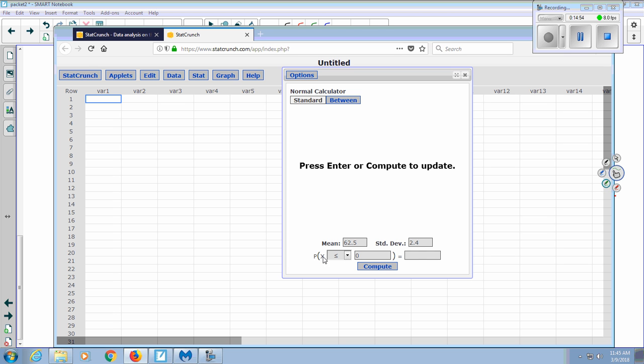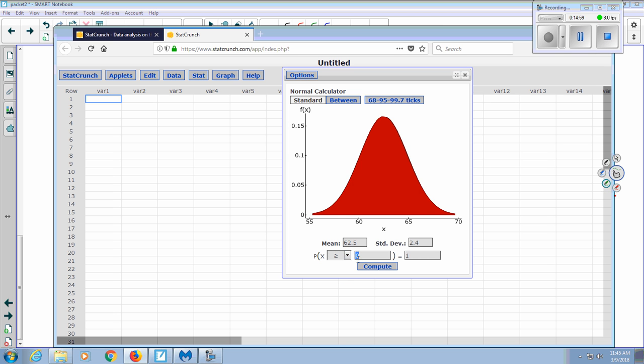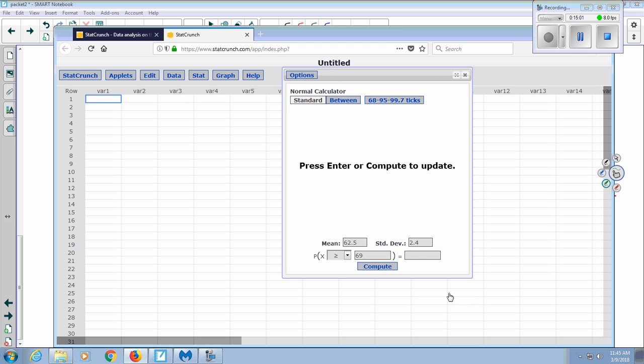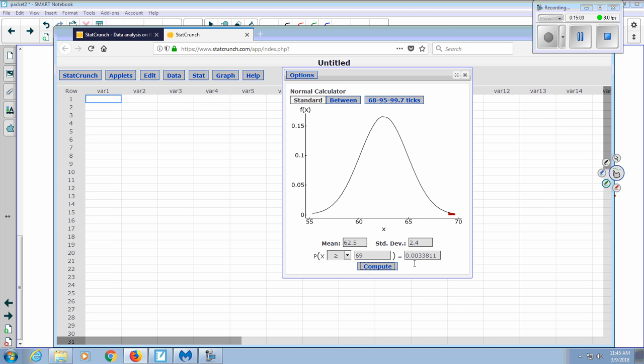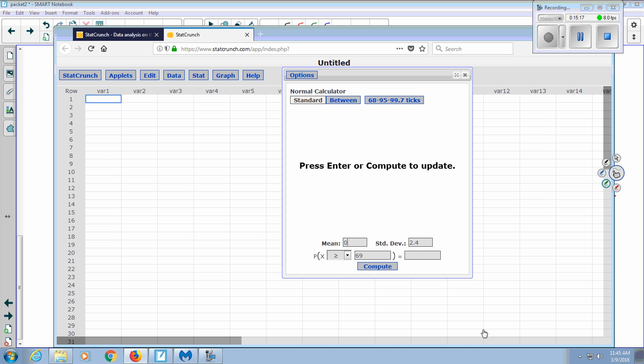We wanted to know the probability of being greater than 69 inches tall, and if we compute that, it comes out to be 0.0034, just like what we saw with our model. You could also use the standard normal and make this mean 0, standard deviation 1, and put in your z-score, which we calculated to be 2.71, and compute it.